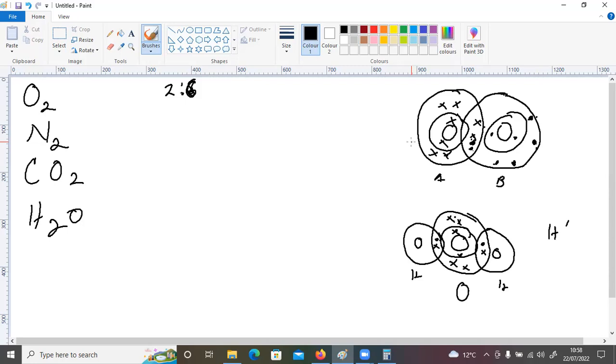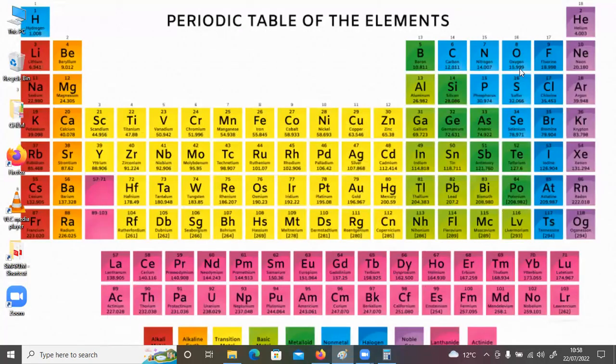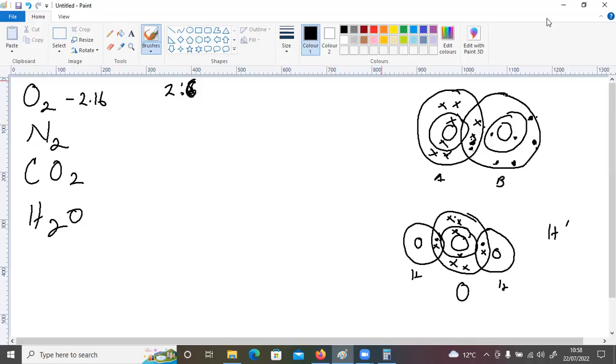When we are considering their formula and their masses, we will be saying the mass of oxygen is now equivalent to 2 oxygen atoms, 2 multiplied by 16 from our periodic table. You see that oxygen has 15.999, which is equivalent to 16. So the mass of the oxygen molecule is equal to 32 grams.